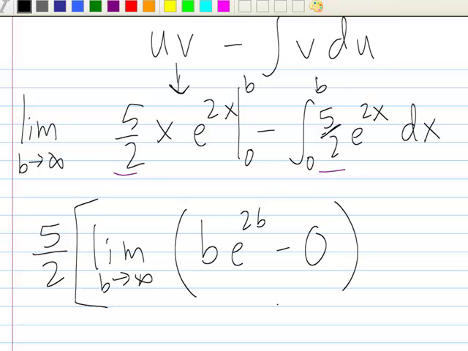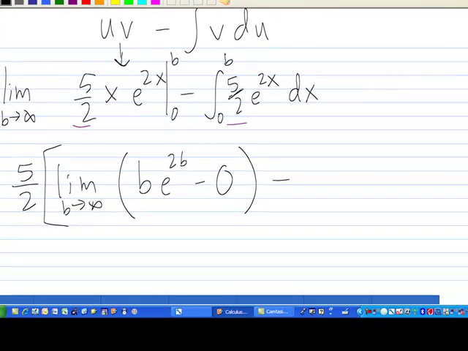And put this all in brackets. Minus, I already took the 5/2 out in front. We've got to integrate e to the 2x. The integral of e to the 2x is 1/2 e to the 2x evaluated from 0 to b.